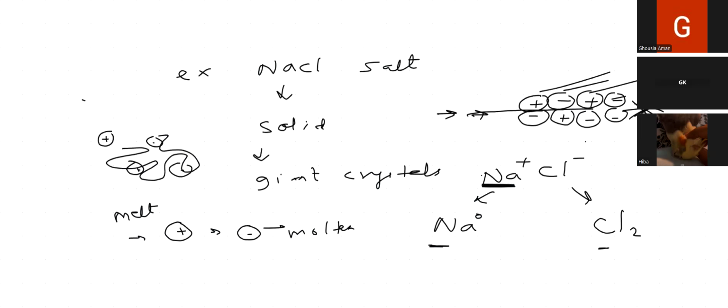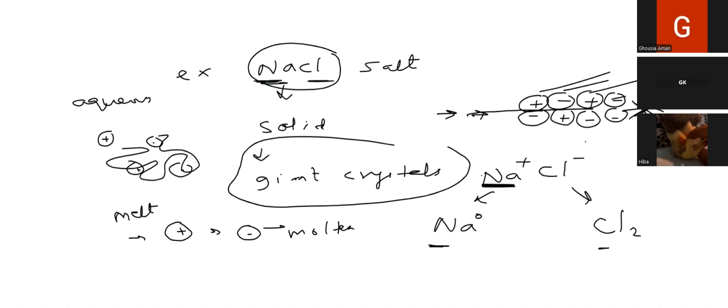So first of all, what is our purpose? The purpose is to get sodium metal and chlorine gas from sodium chloride salt. What is sodium chloride salt? A giant ionic crystal. And giant ionic crystals are solid at room temperature. Solids do not conduct electricity, and we have to do this experiment by passing the electricity.